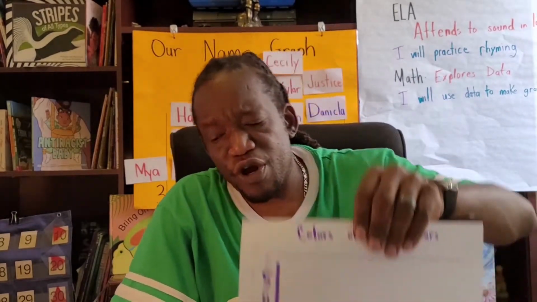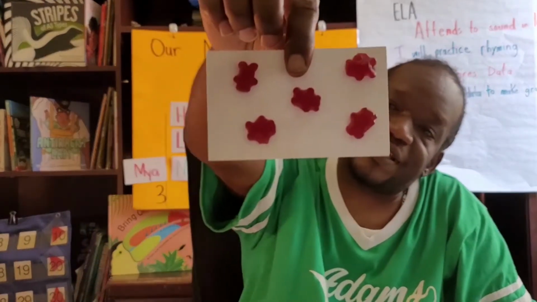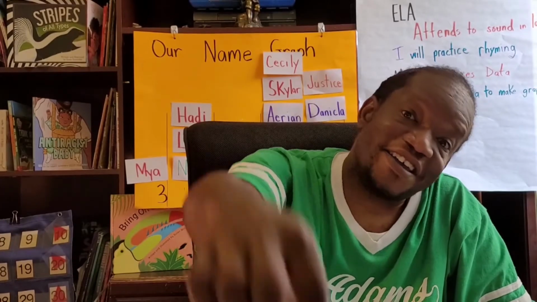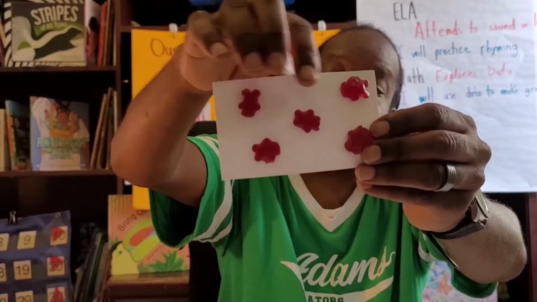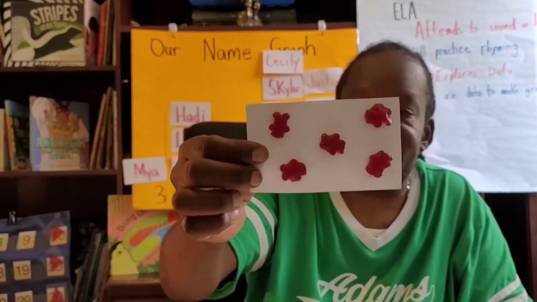So, we're going to make our bar graph, and I'm going to show you how we're going to make it. First, we got to count the number of bears we have. Let's start with the red ones. How many is that? Can you tell just by looking? Yes, that's 5. 1, 2, 3, 4, 5. If you could tell by looking, that's called subitizing. Just by looking at the way it's arranged, that's called 5.